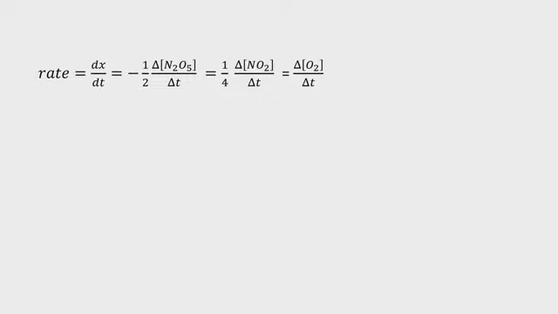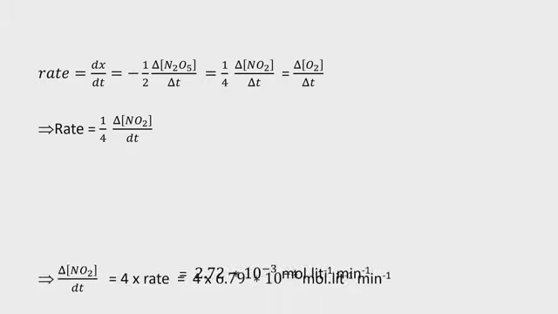Next, this is the rate expression. Rate equal to dx by dt equal to minus of delta N2O5 by delta t. It is not dt, this is also delta t. Product now: rate equal to 1 by 4 delta NO2 by delta t.